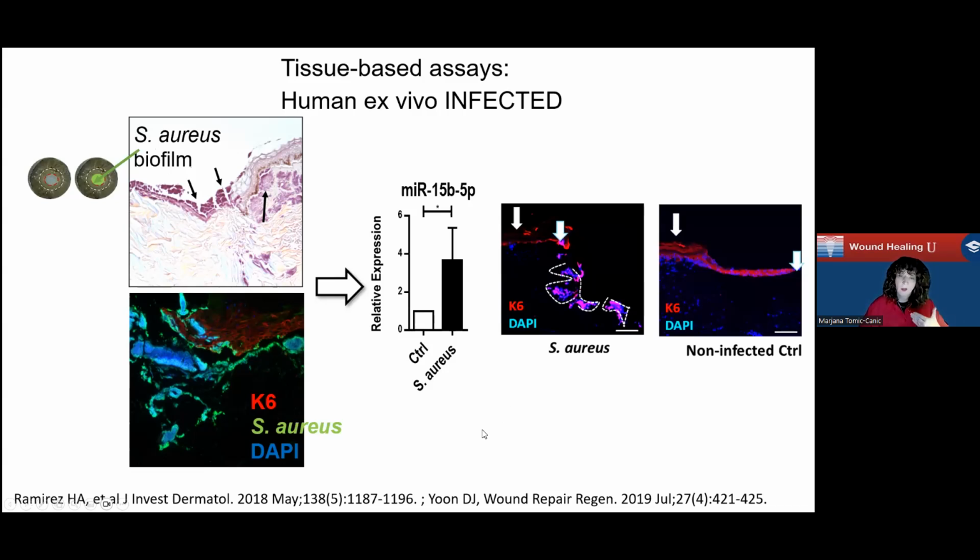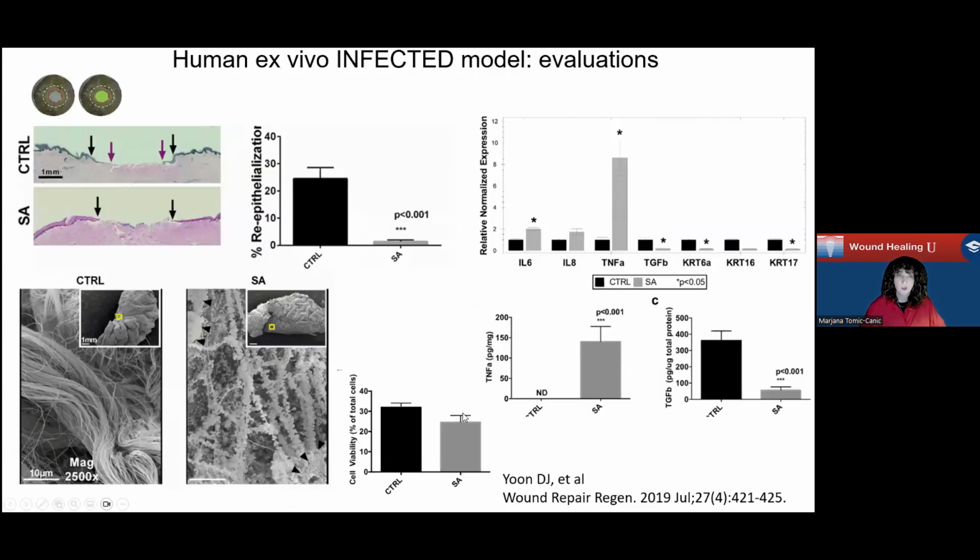But again, the complexity of these models depends on the various experiments, and should be kept in mind. This was done in collaboration with Rivka Isarov's lab, where the assessment of these human ex vivo infected models was done very thoroughly.